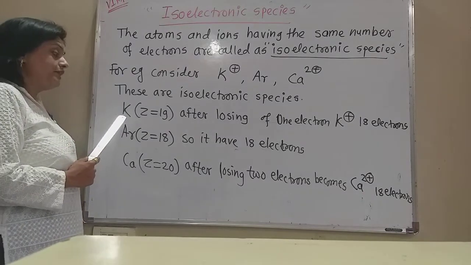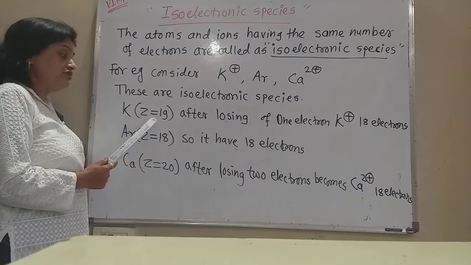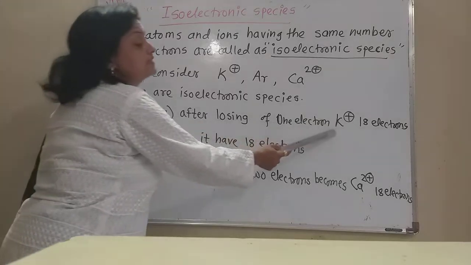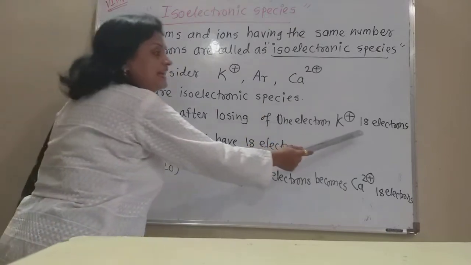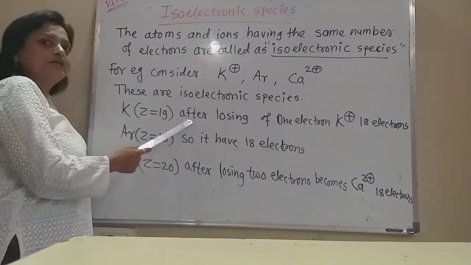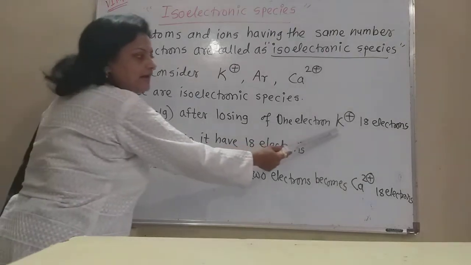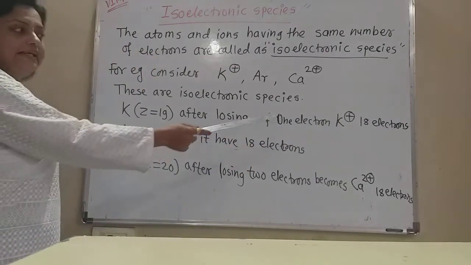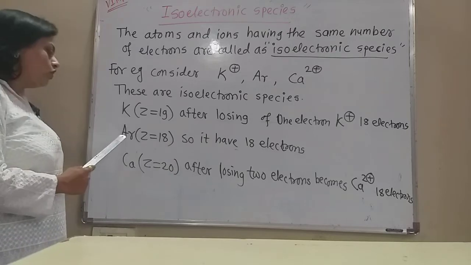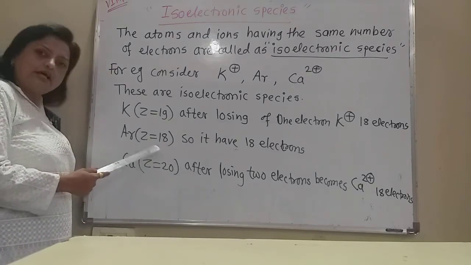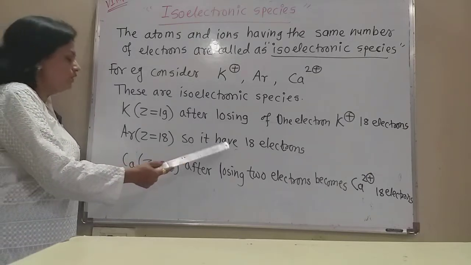Now see here, potassium has atomic number Z equal to 19, but after losing 1 electron it becomes K plus, having only 18 electrons. Argon has atomic number 18, so it already has 18 electrons.